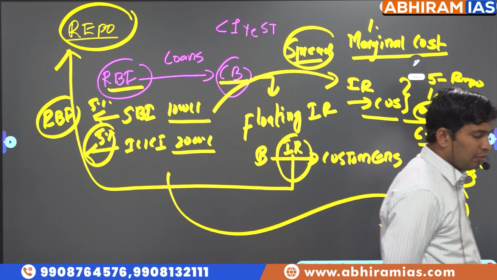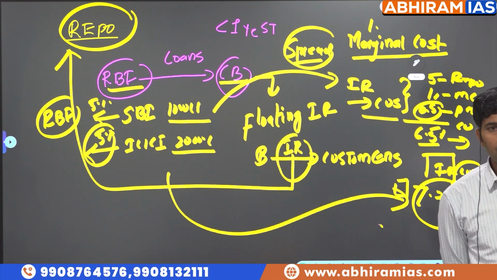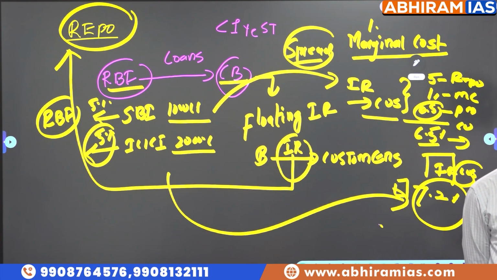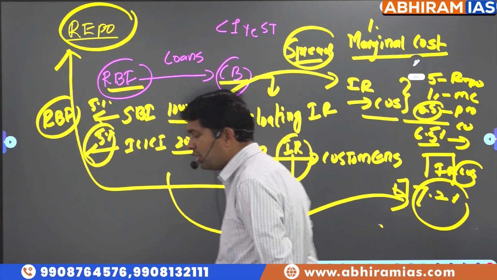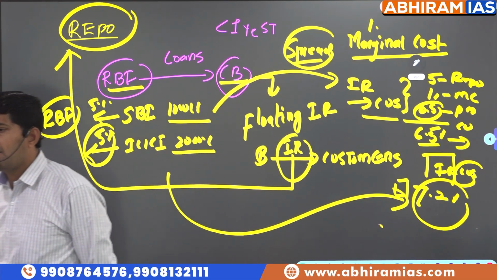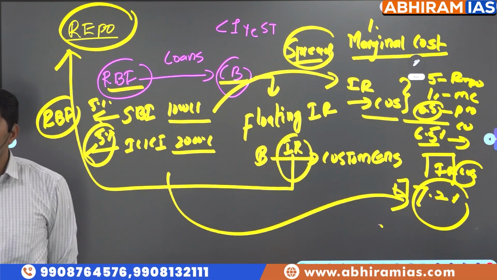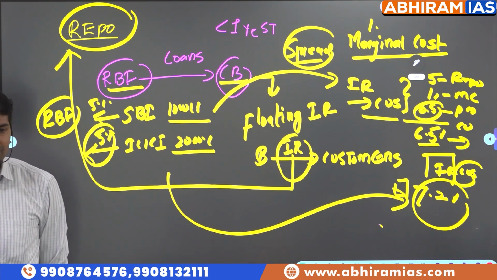Madam or sir, we are giving a loan to you today, but the interest rate is not fixed. The interest rate is subject to change whenever RBI revises the repo rate. So every bi-monthly monetary policy, once in 2 months, when RBI revises the repo rate, the interest rate to customers also keeps on changing, increasing and decreasing. That's why it's called floating interest rate.